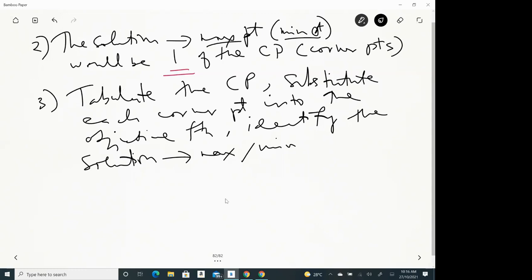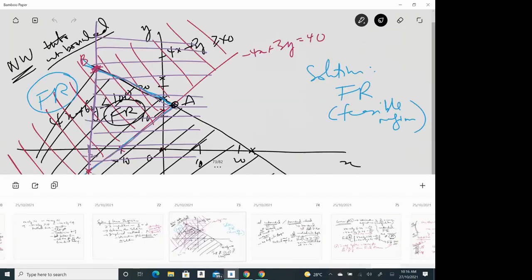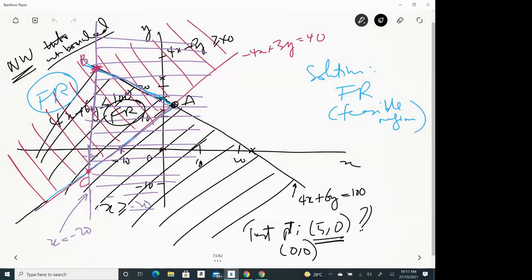So what I want you to do is go back to the graph that we have here. I think I asked you to find the feasible region. Yes, you already got the feasible region. I want you to find point A, point B, point C. Not just estimate by looking at the graph. You have to determine them, which means you have to show the work.